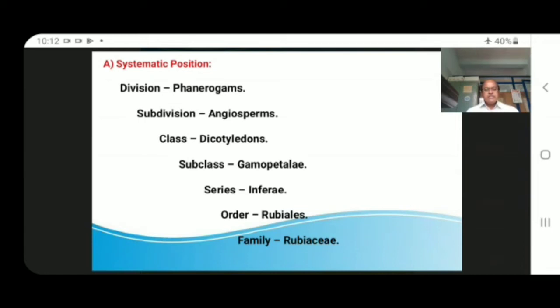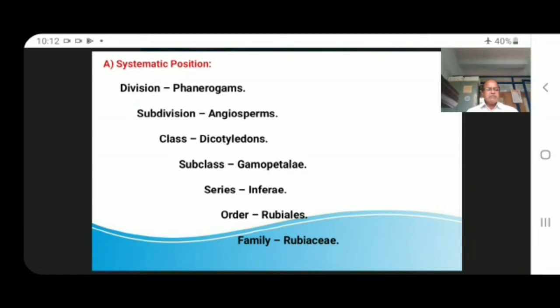Then androecium: stamens are always 4 to 5, as many as the number of corolla lobes, epipetalous. Anthers are dithecous, dorsifixed, and filaments are short. Then gynoecium mostly bicarpellary and syncarpous.